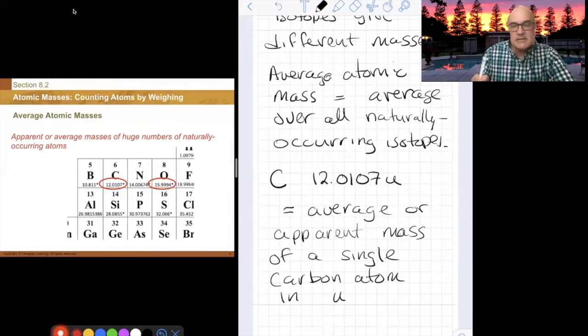in U. This is very similar to the cherries. Just like the cherries, we could weigh 5,000 cherries and never find a cherry that weighed exactly 9.9 grams. That's just an average. Just like when we report a test average after everybody takes a test, it wouldn't be surprising if nobody got exactly the average score, especially if it was like 75.3%, and the smallest amount of points you could get on a test might be 1.